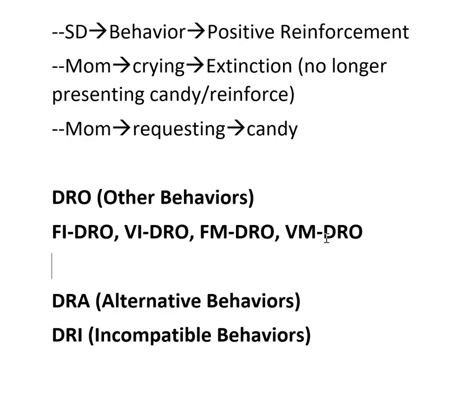But the fixed momentary is that you are just setting the timer. Every 20 minutes you're looking up, and if the behavior you're seeing is not crying, then you're reinforcing. If it's crying, you're not reinforcing. That's why you're differentiating the reinforcement. The variable momentary is the same thing.